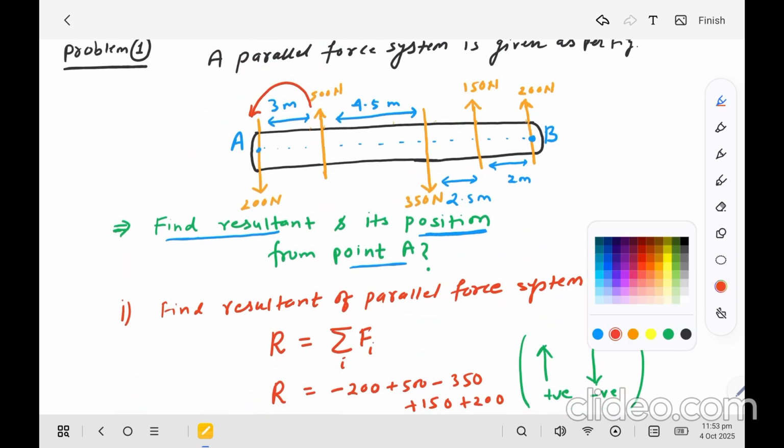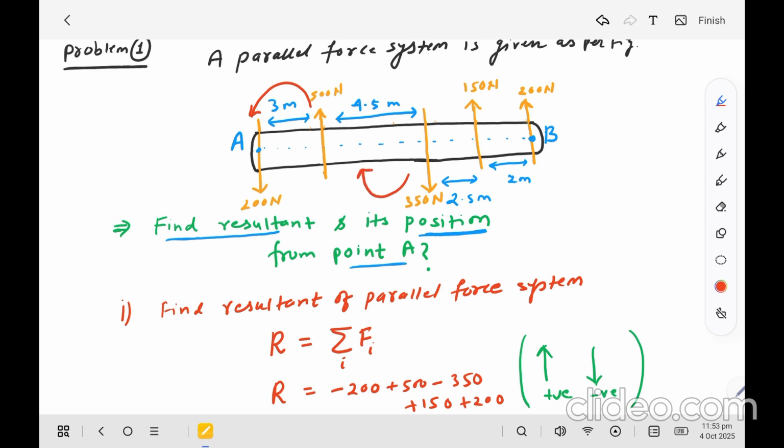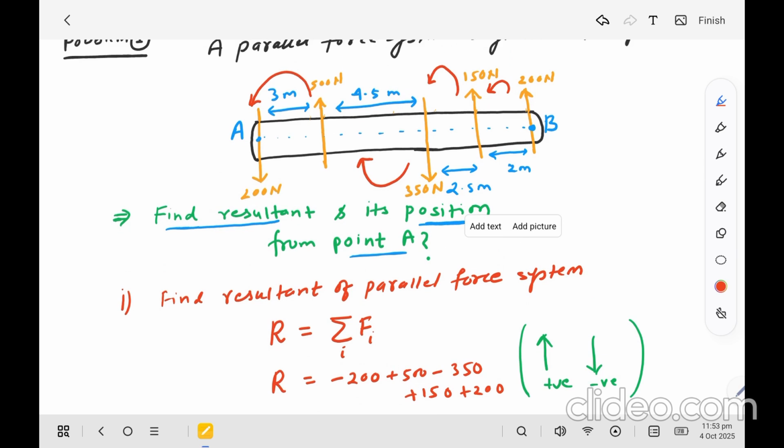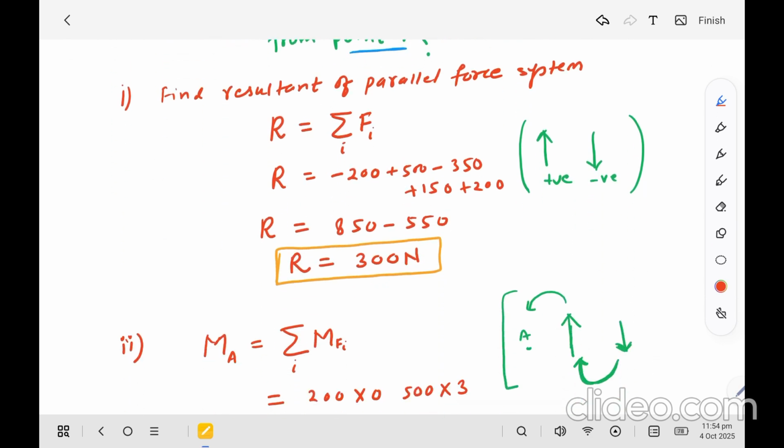This force has a tendency to rotate the body anti-clockwise, and this is also anti-clockwise. So now I can do the algebraic sum of all these moments.